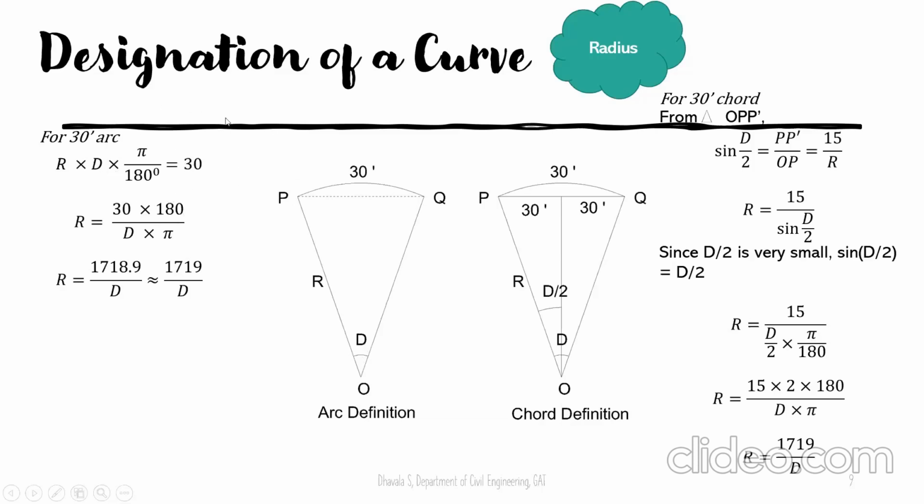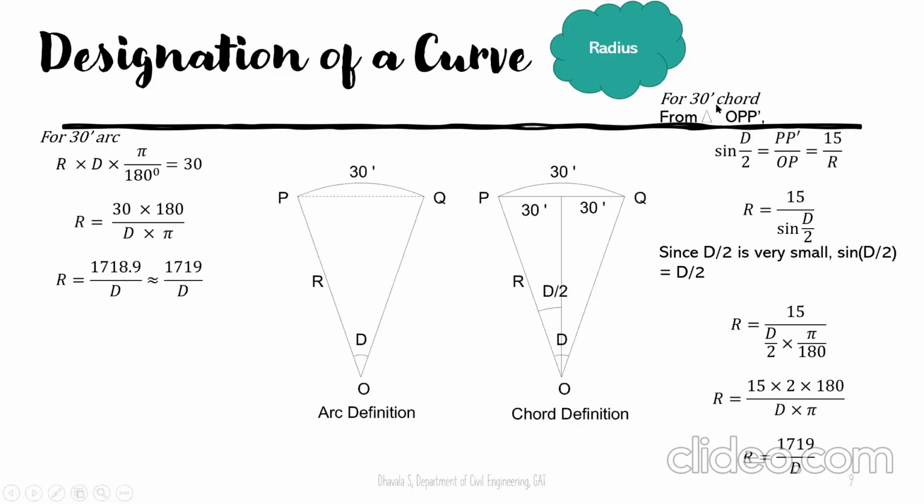So 30 feet will be equal to R into D into pi divided by 180 degree. In order to define it, the radius will be equal to 30 into 180 divided by D into pi. Since apart from the angle subtended D, I have all other quantities, on substitution, it gets reduced to 1718.9 divided by D. It can be approximated to 1719 divided by D.